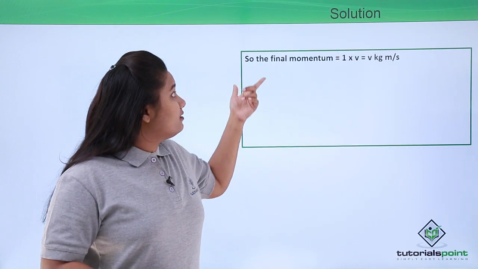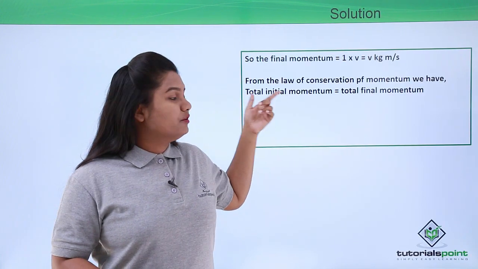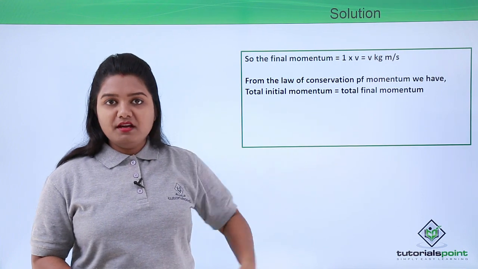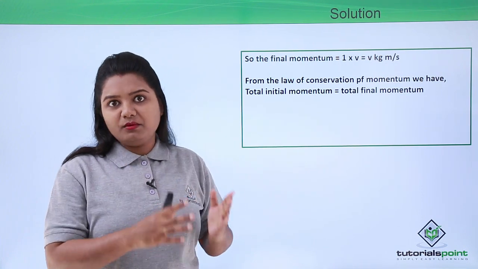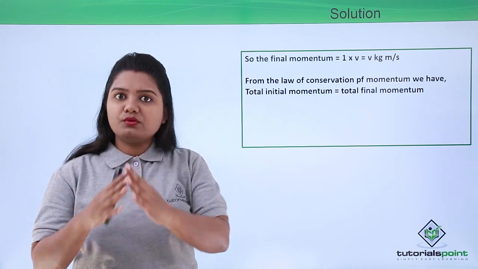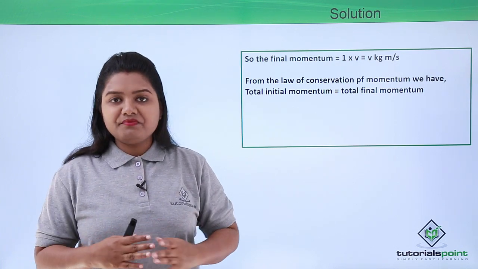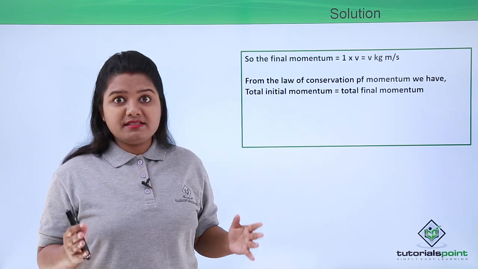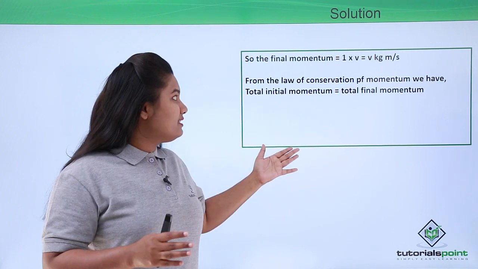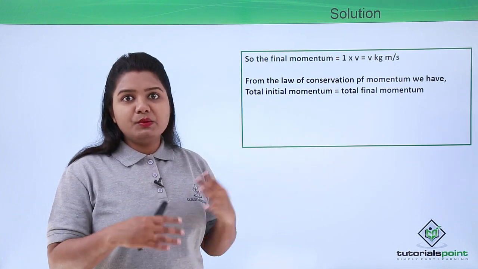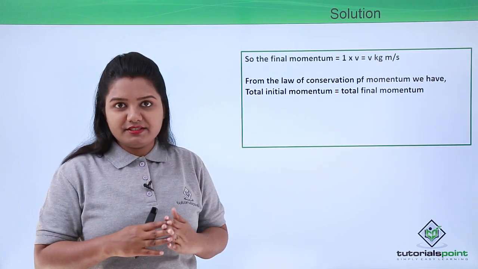Now, according to the law of conservation of momentum, the total initial momentum of the system is equal to the total final momentum of the system. In other words, the momentum of the system remains constant provided there is no external force acting on it.